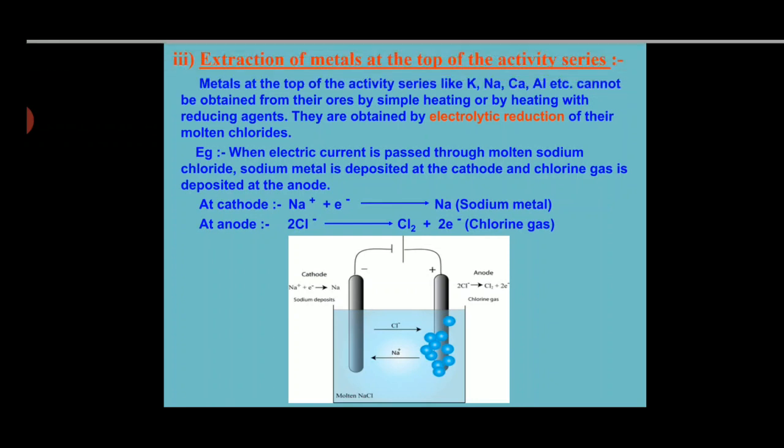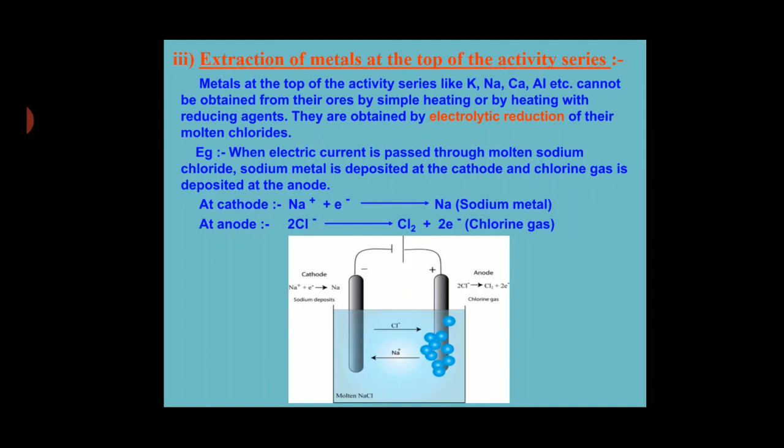Metals at the top of the reactivity series like potassium, sodium, calcium, aluminum, etc. cannot be obtained from their ore by simple heating or by heating with a reducing agent. They are always obtained by electrolytic reduction of their molten chloride form or molten carbonate form.